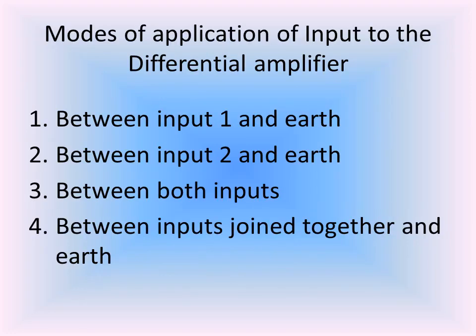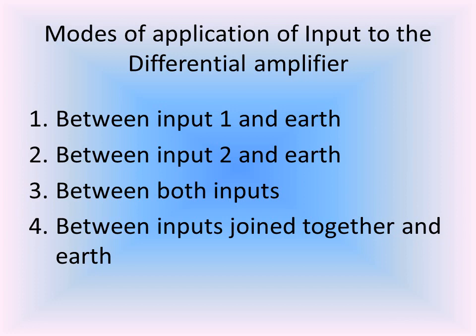Now, a differential amplifier can be provided input in several ways. These are called modes of application of inputs. What can be the modes of application of input are shown in this slide. There can be four types. First, the input can be provided between input 1 and earth.